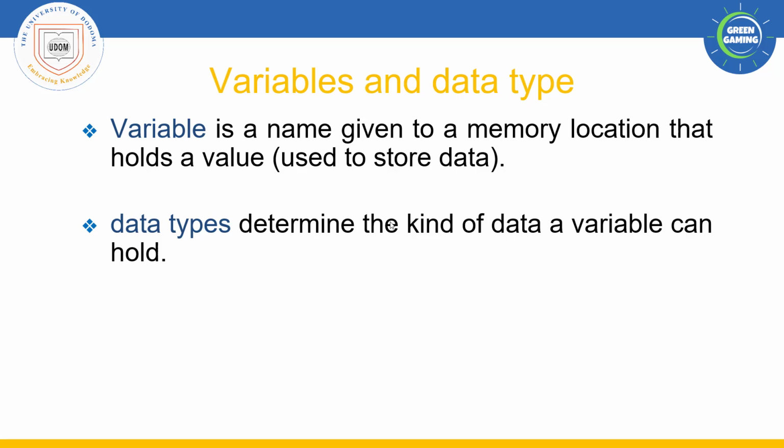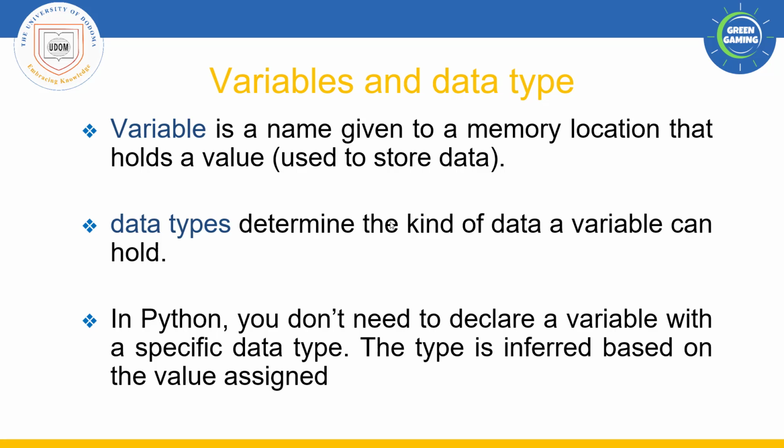So we need to know what type of data we stored in our memory location. That is what we call a data type. Any variable has a data type in any language, be it Python, C++, C#, or any other language, even though the data type can be implicit or explicit. Every variable in any programming language is required to have a data type. So a data type determines the kind of data a variable can hold.